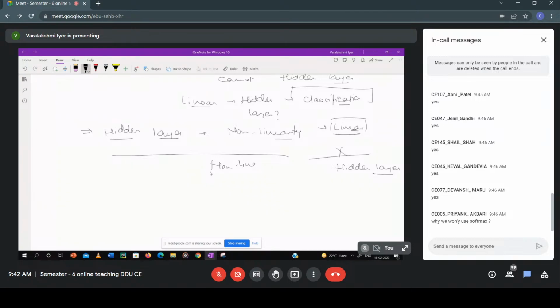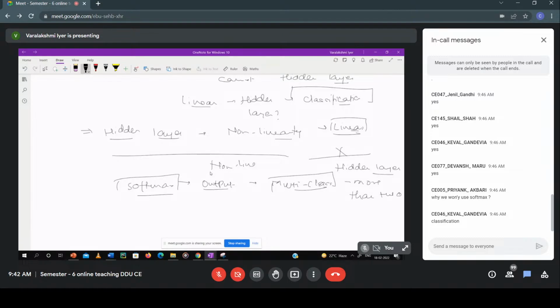Okay, why can we not use softmax? See, softmax is mostly used in the output layer itself. If you recall, in the case of softmax, we were doing multi-class classification, in which we had more than two classes, and we were specifically using it in the output layer to generate the probabilities for different classes.